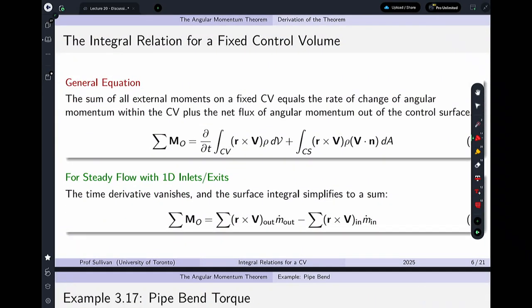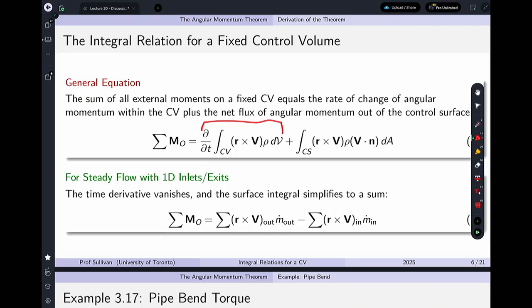We end up with a general equation, and that general equation is going to take the form: sum of moments equals whatever we're trying to store in terms of angular momentum, again angular momentum only, plus the amount of angular momentum entering and exiting the system.